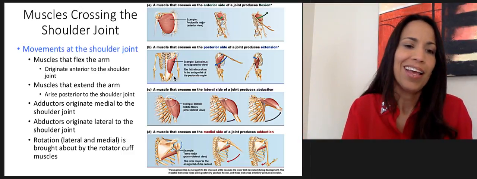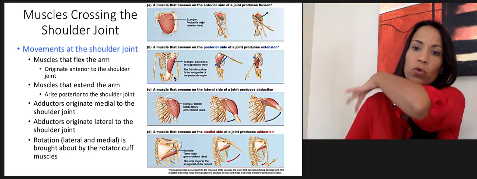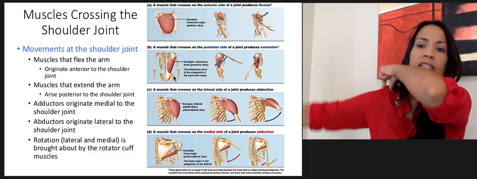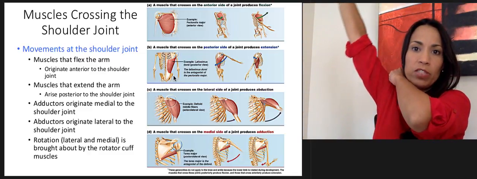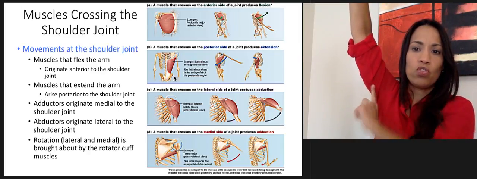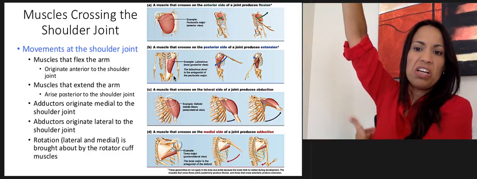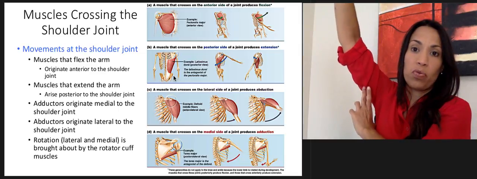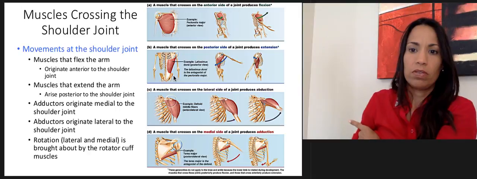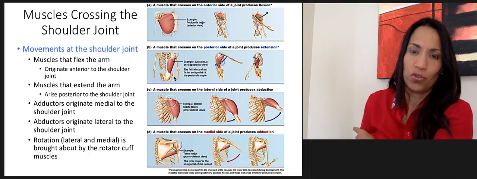If the muscle crosses the joint laterally or superior to this joint, when it shortens, it will abduct the arm. If the muscle crosses the joint from the medial side of the humerus to the lateral side of the thoracic cage, it can adduct the arm at the shoulder.